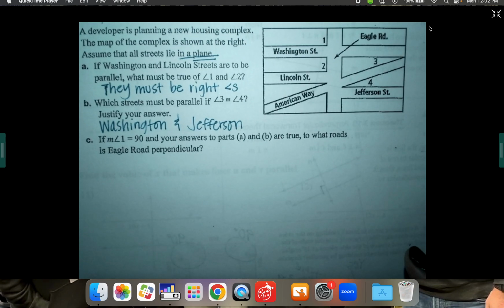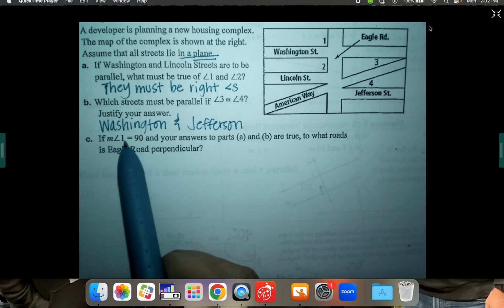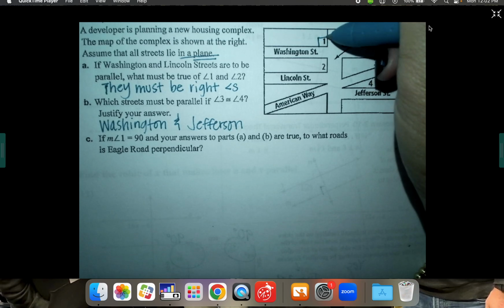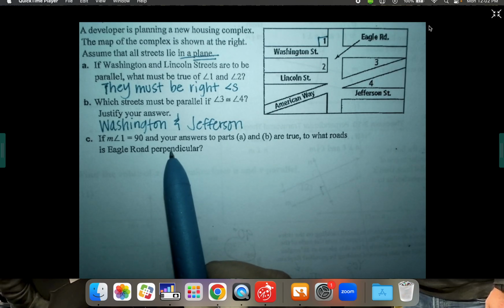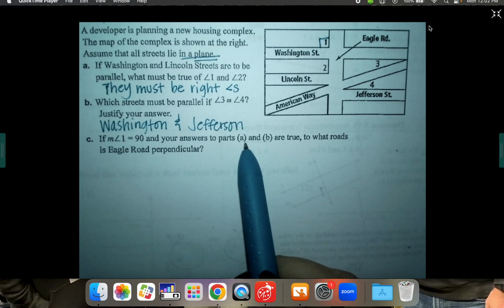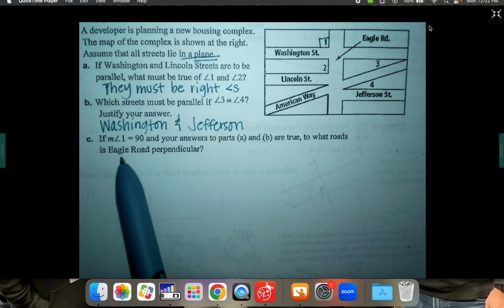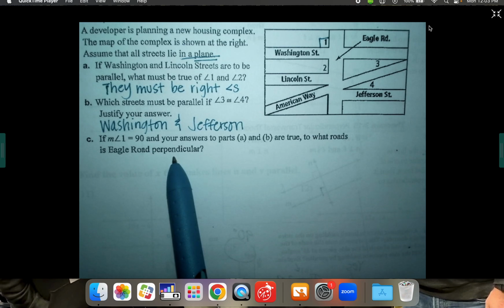Okay, and then the last question, if the measure of angle 1 equals 90, and your answers to parts A and B are true, so these are both true, to what roads is Eagle Road perpendicular?